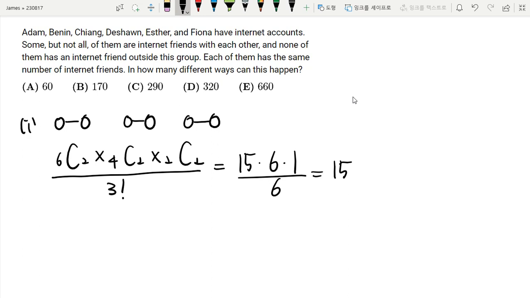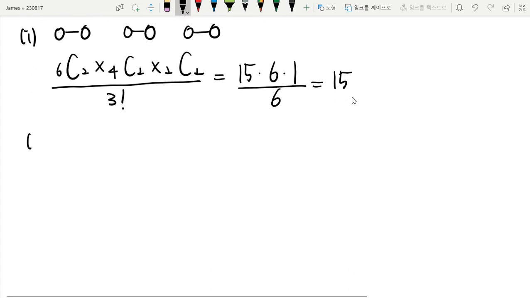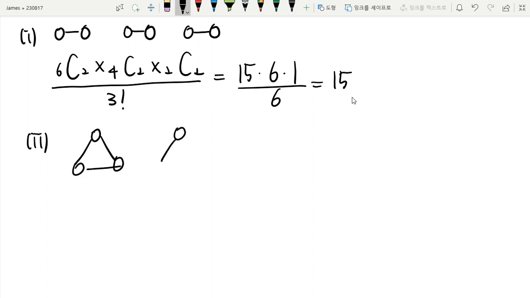And to have two friends for each person, we can make these two triangles using 6 people. So the number of cases is we are choosing these 3 people out of 6.